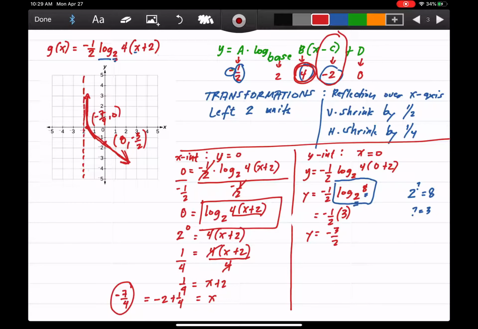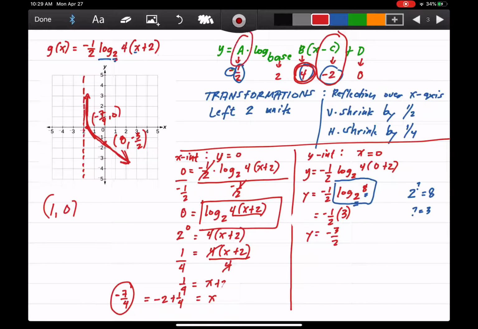Since we know that every logarithmic parent function has the point at 1, 0, where do you think this point will be moved? So just go to your A, B, C, and D values and make sure that you are operating it well.